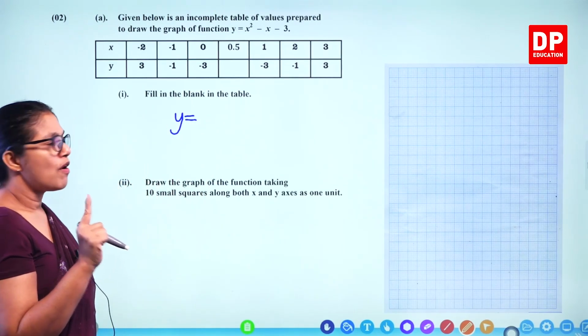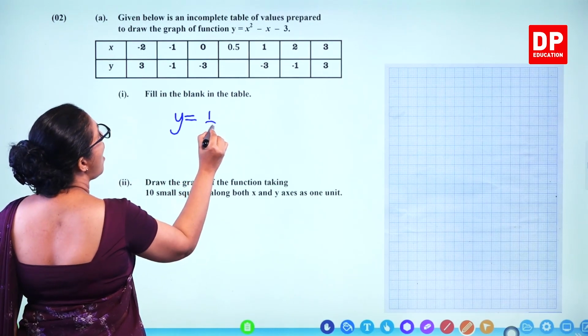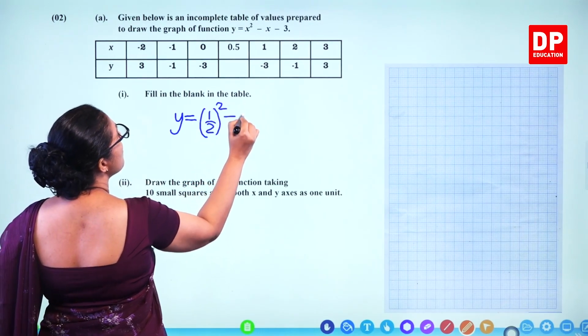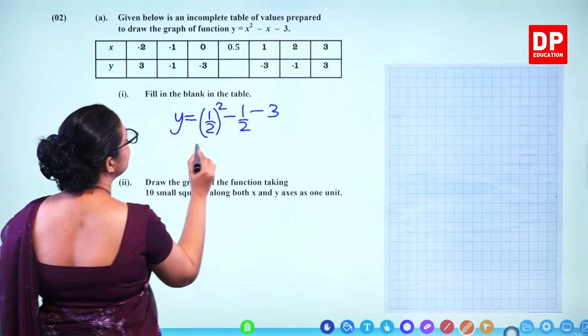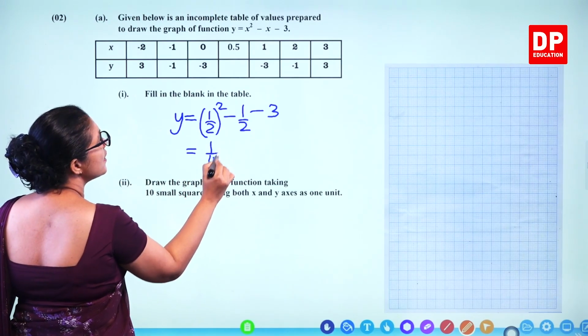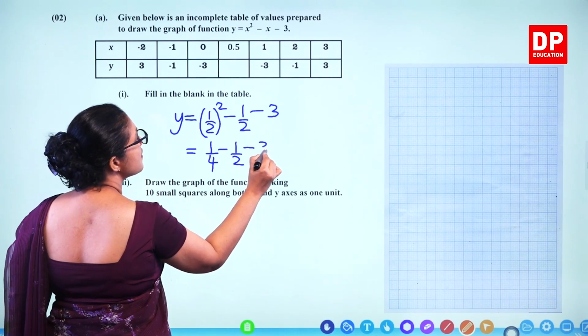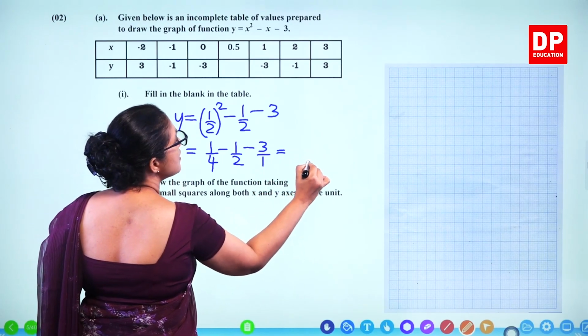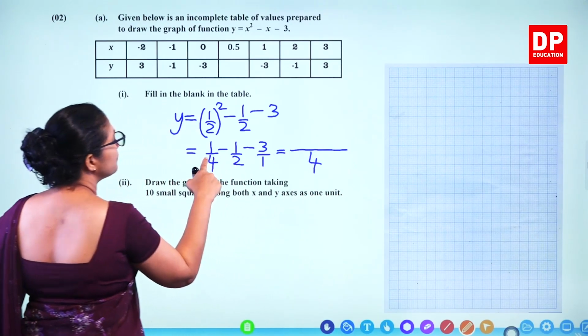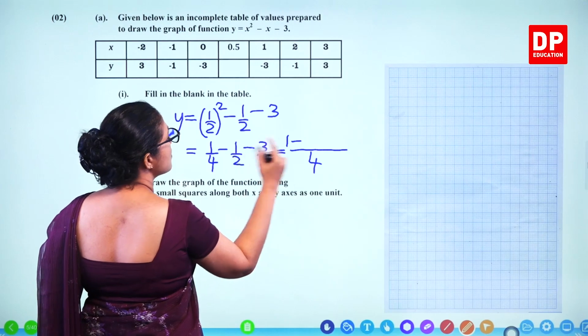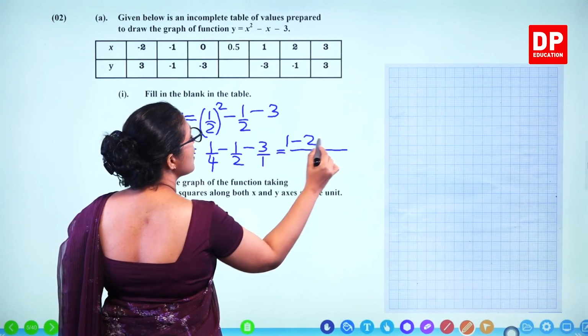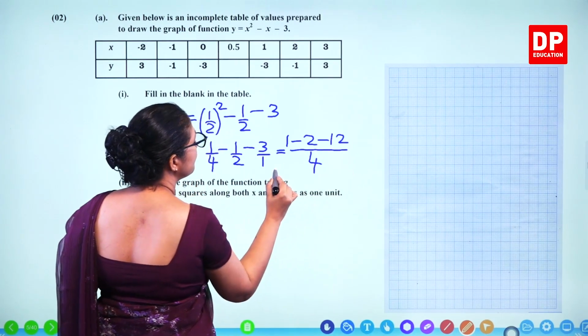I'll take half as a fraction. Half squared minus half minus 3. 1/4 minus half minus 3. So what's the denominator? 4. So 1 minus 2, 4 times 3, 12.